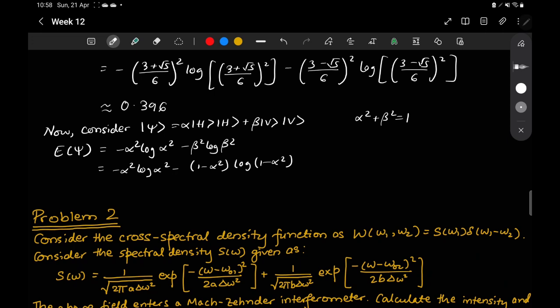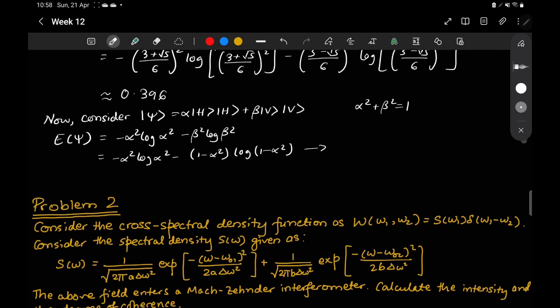And the maximum occurs for alpha equals 1 over root 2, which is equal to beta, and the maximum entanglement of formation comes out to be, and this is approximately 0.707.